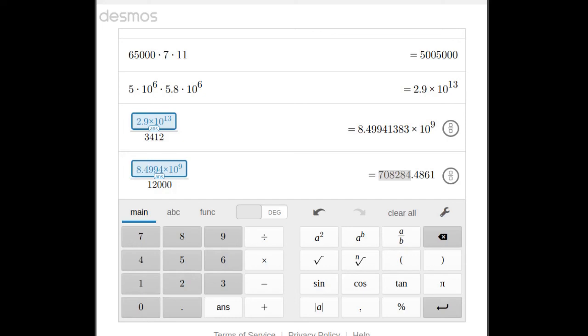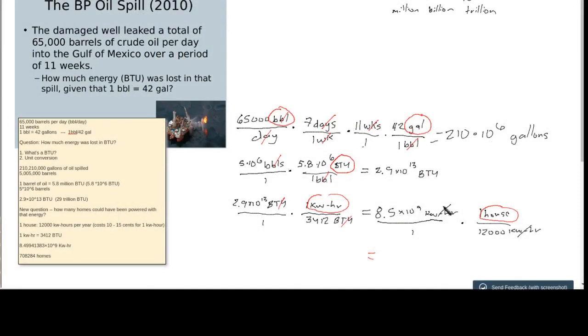Let me write that nice and big so that you can see it. 708,000 homes could have been powered for a year with the energy that was spilled into the Gulf of Mexico in 2010 in that 11-week oil spill. That's the kind of scale that we're talking about. It's enormous.